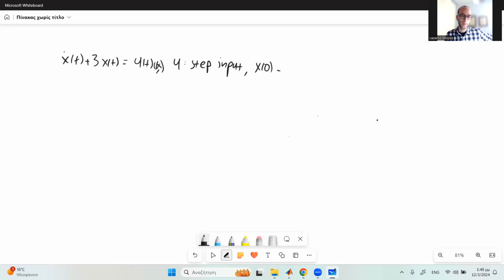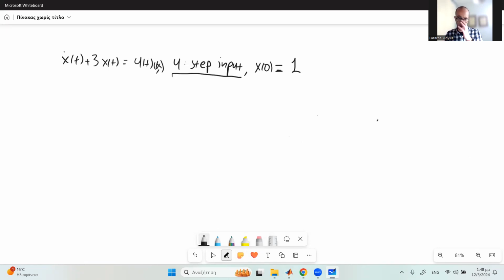So let's say we have the same differential equation. The system is driven by a step input, but at the same time, the initial condition is not 0, but it is a non-zero value, right?